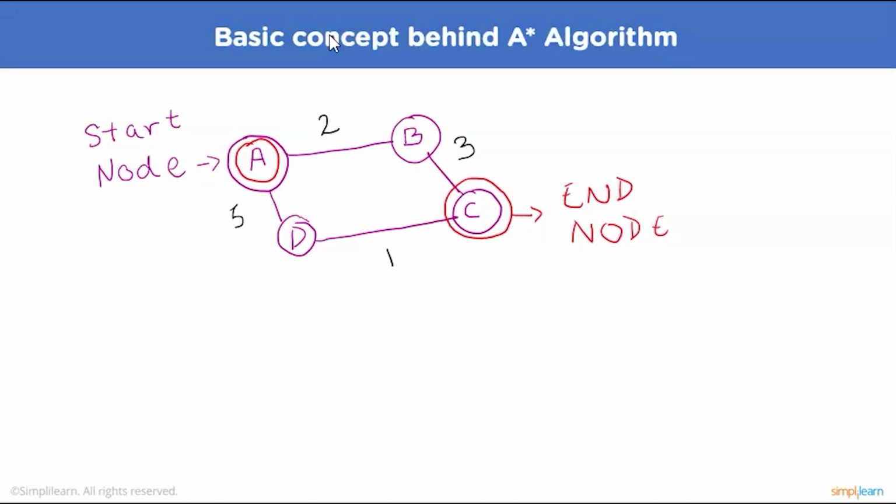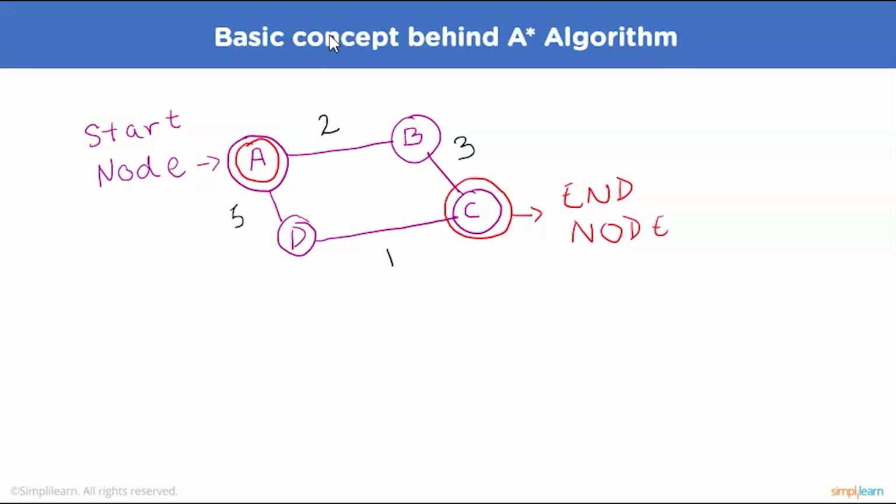So now, as you can see, we've assigned numbers to the paths between different nodes. These numbers tell us the cost of traversing through that path. So when I take this path between A to B, I get a cost of 2 incurred on me. And when I go from B to C, I have a cost of 3. Similarly, when I go from A to D, I'll have a cost of 5 and D to C will have a cost of 1.